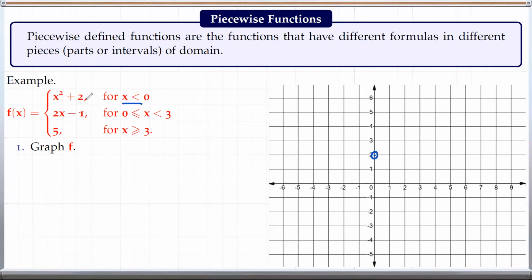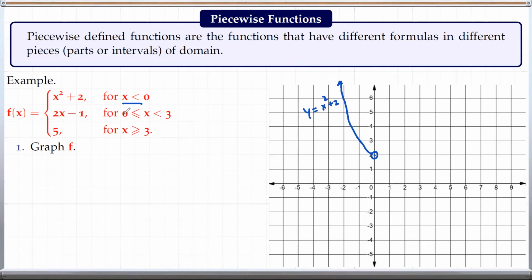When x is negative 1, it would be negative 1 squared plus 2, which is 3. So over here, and the graph will go like this. This is the graph of y equals x squared plus 2, and that is the first part of function f.